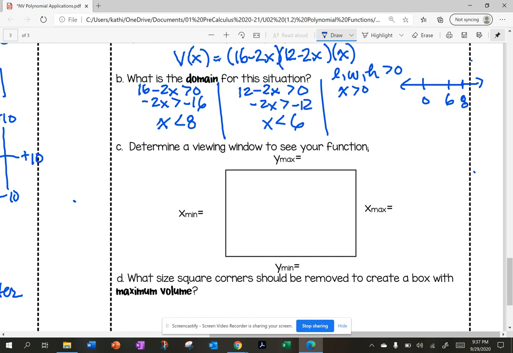I know I need to be less than 8, so it would be an open circle and less than 8, an open circle and less than 6, and I have to be greater than 0, open circle and greater than 0. So what do I have in common is right here. Writing that as an inequality, I know I have to be between 0 and 6.